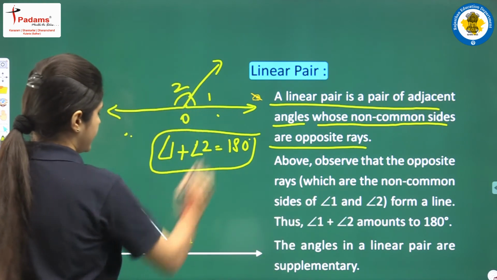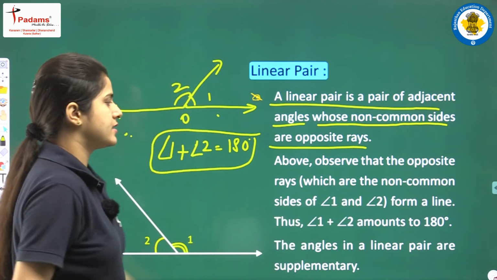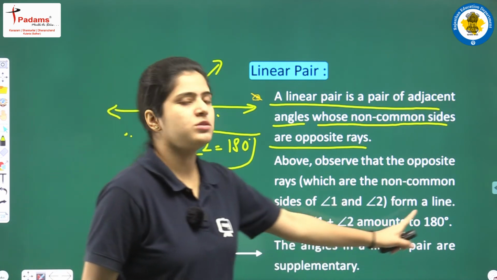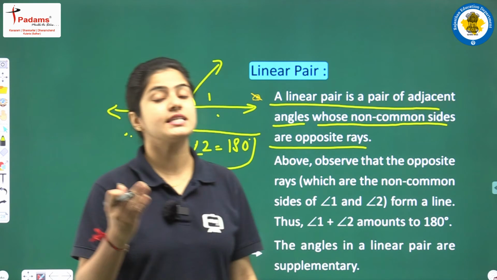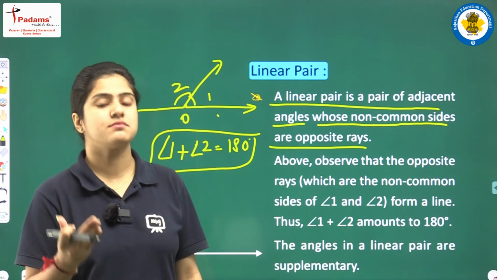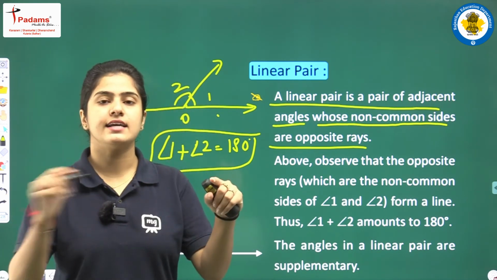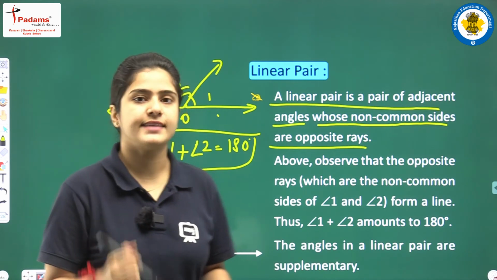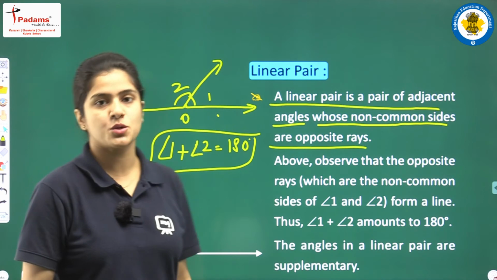Clearly you are seeing that these are forming a line. Okay. So, thus angle 1 and angle 2 sum amounts to 180 degree, because we know this thing that the straight angle measure. Okay, straight angle is the angle formed by a single line, which is 180 degree. That is why the sum is equals to 180 degree.